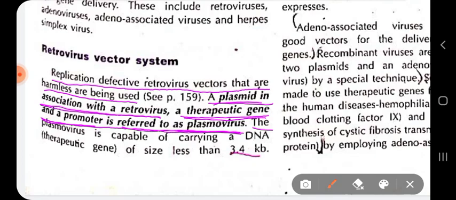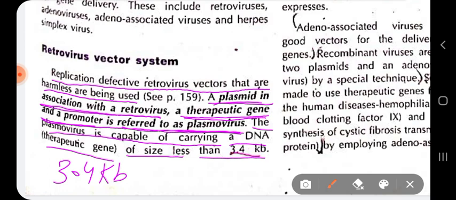The plasmovirus is capable of carrying a DNA therapeutic gene of size less than 3.4 kb. As viruses are very small in size, the capability of carrying the target therapeutic gene is only up to 3.4 kilobase pairs.